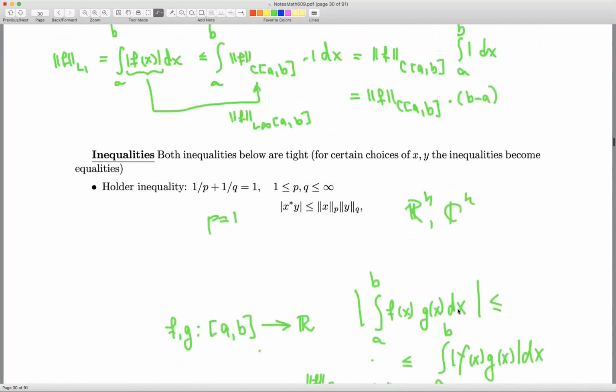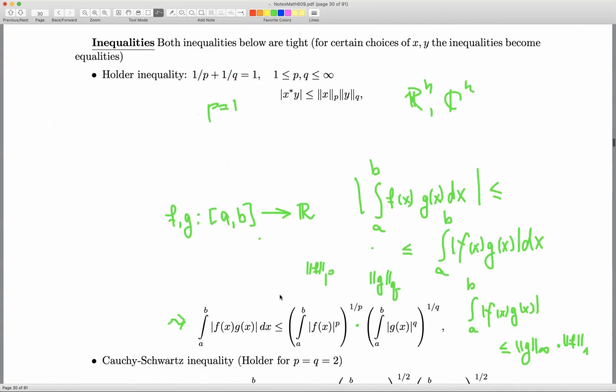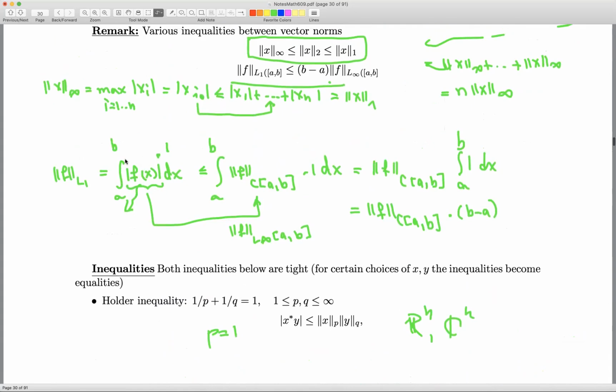And if we look at what we were showing here, the L1 norm of f is the integral from a to b of the absolute value of f of x, and I can view this as f of x times 1, where I apply the infinity norm to the function 1.